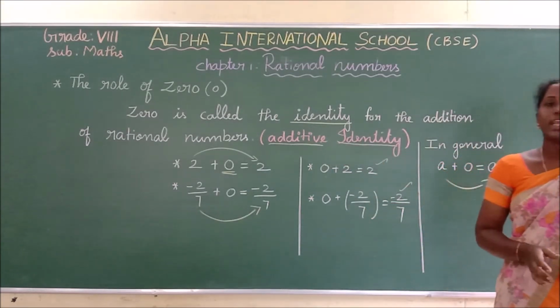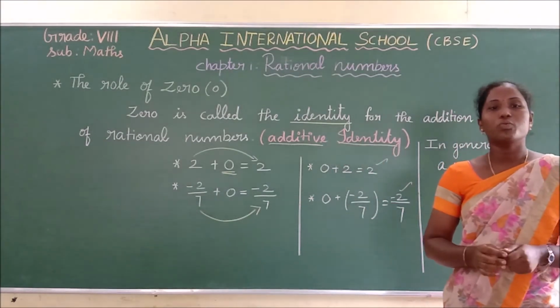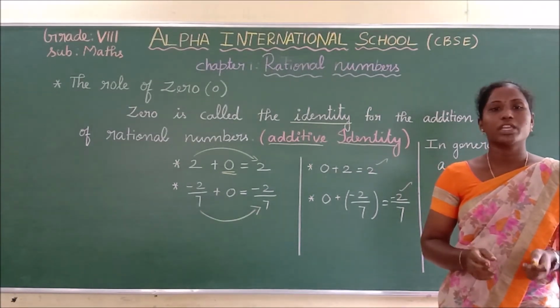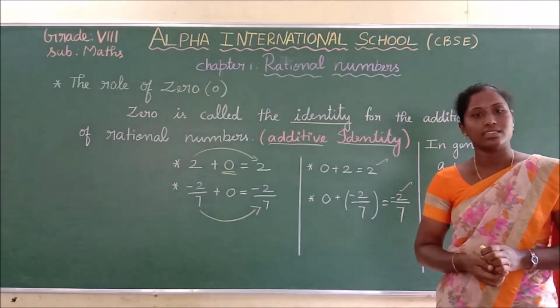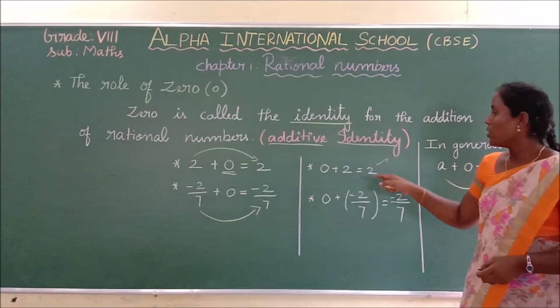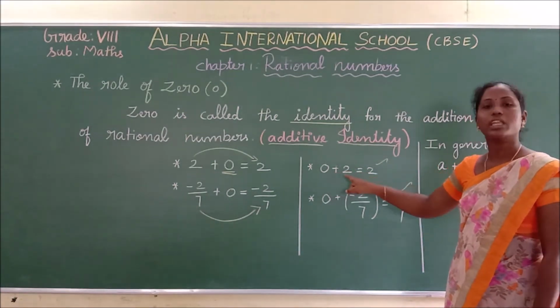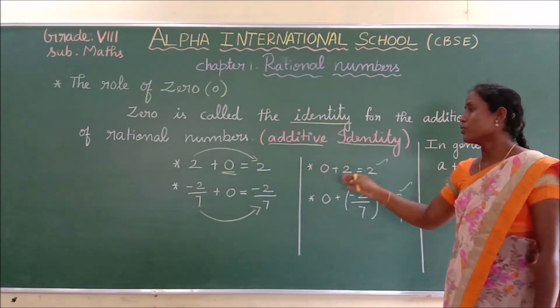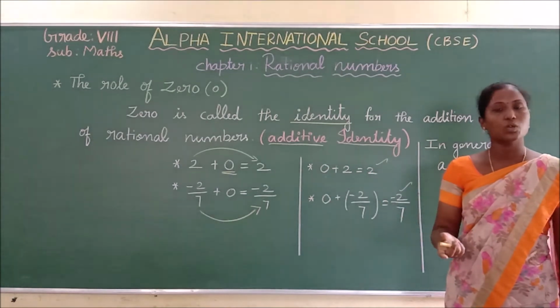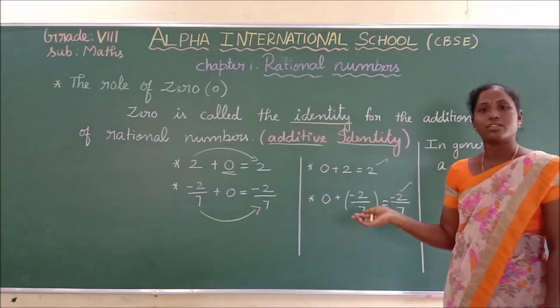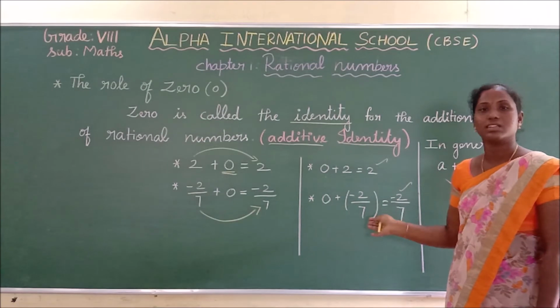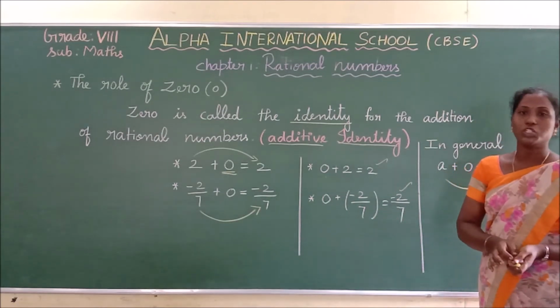The additive identity is a number which, when added to any number, gives the same number itself. We add 0 to the number and we get the same number as the result. That is called the additive identity.